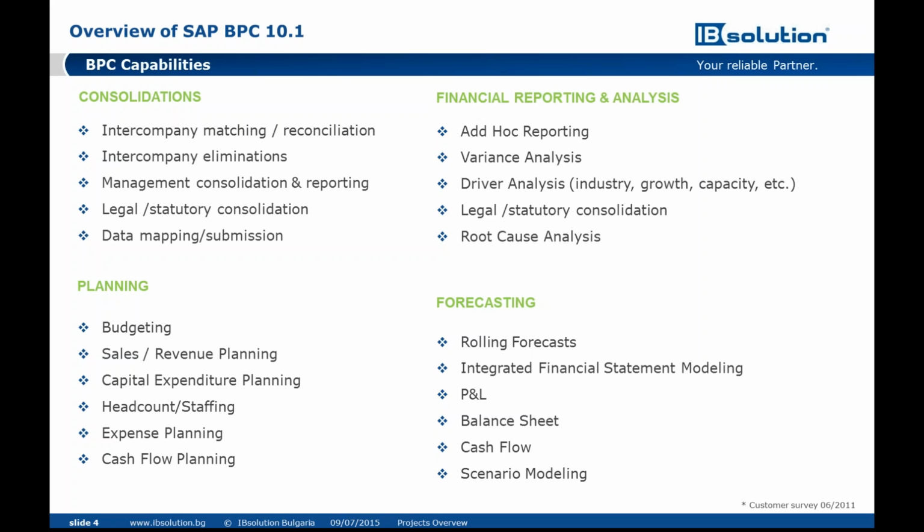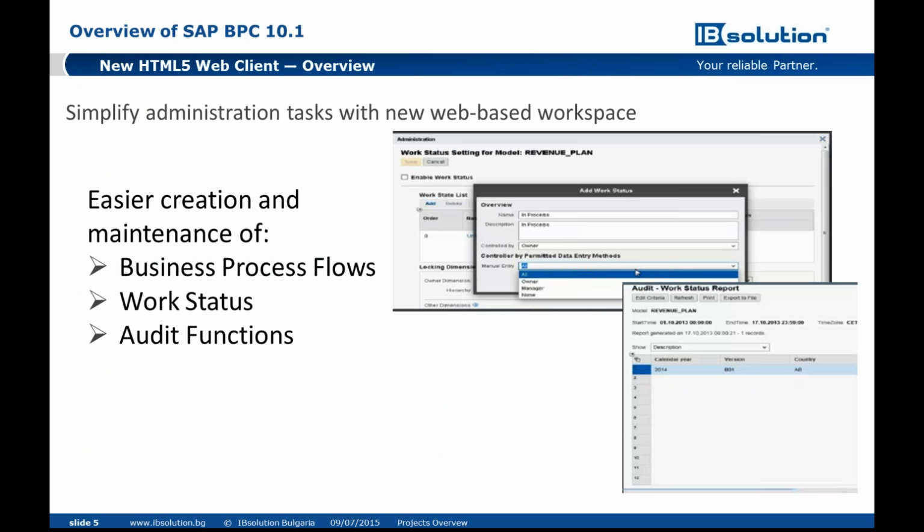Financial analysis and reporting: the important thing here is that ad hoc reporting can be done, variance analysis, driver analysis, growth capacity, etc., legal consolidation, and root cause analysis. With the forecasting capability, the P&L can be done, balance sheet, cash flow, rolling forecasts, also integrated financial statement modeling, and scenario modeling. Let's proceed.